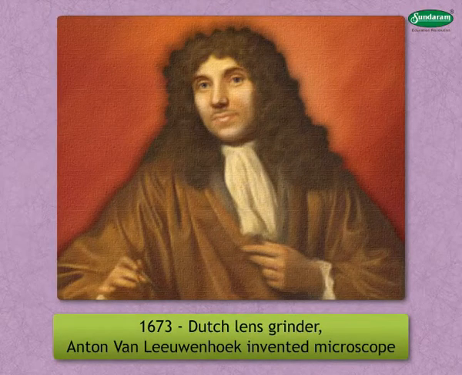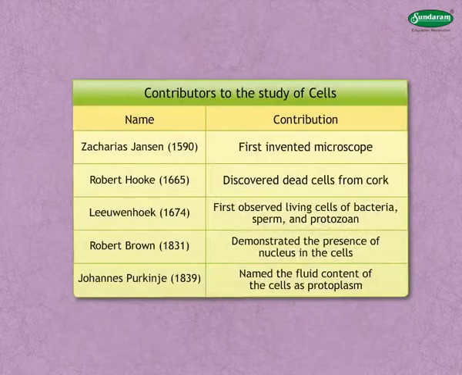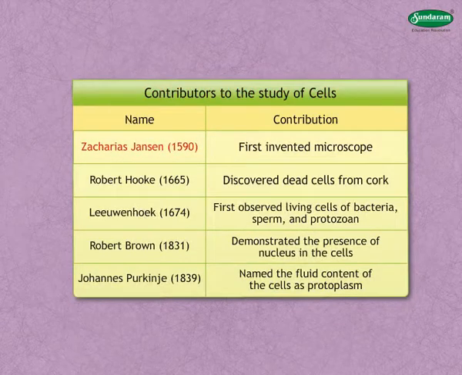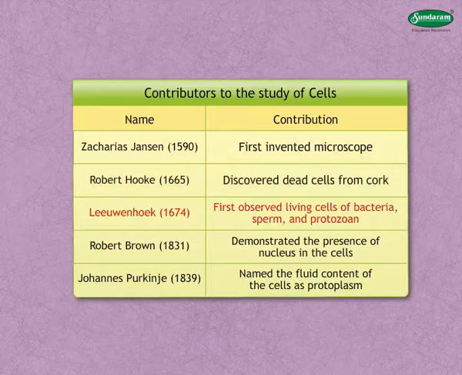Here are the names of few great people who contributed to the study of cells. Zacharias Janssen in the year 1590 invented the first microscope. Robert Hooke in the year 1665 discovered dead cells from cork. Leeuwenhoek in the year 1674 first observed living cells of bacteria, sperm and protozoan.